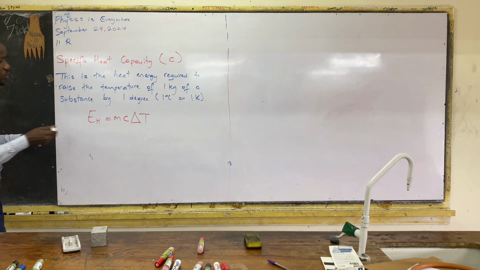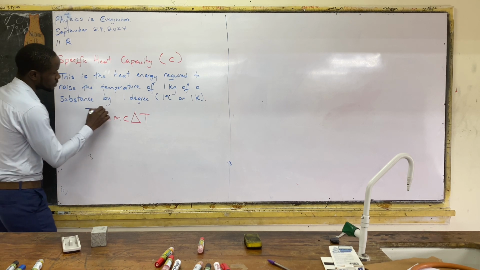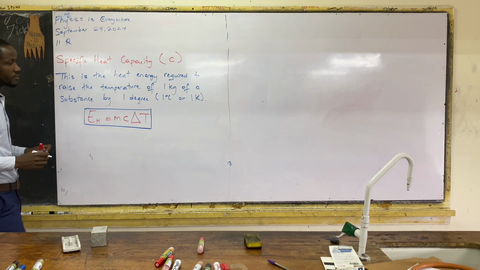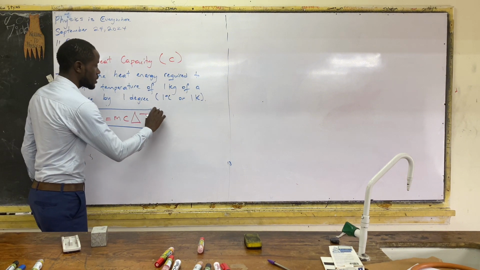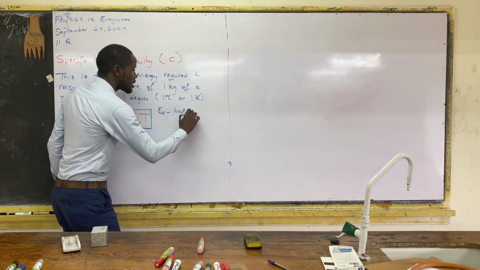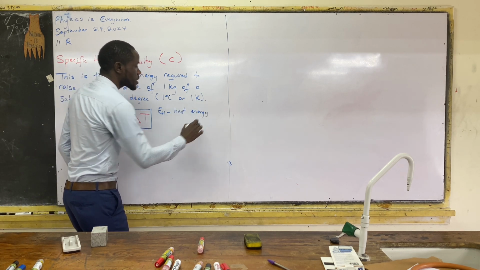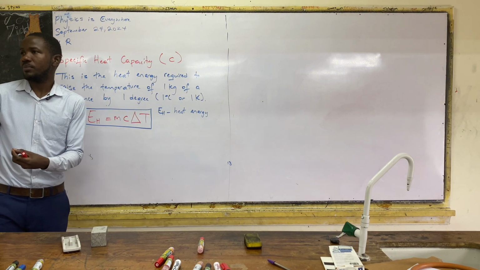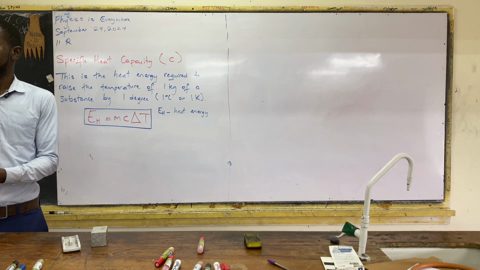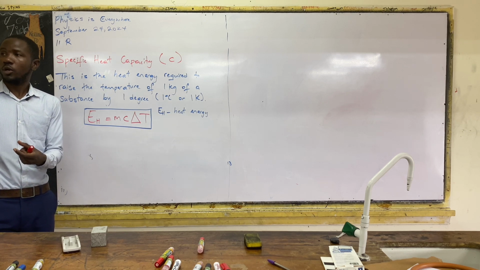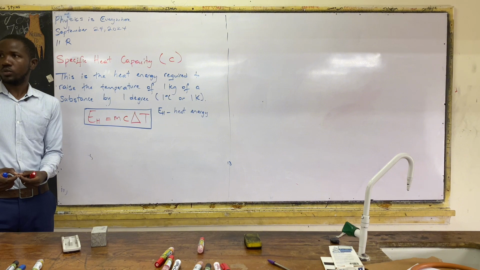Now, we're going to talk about the terms and their respective units. E_H is the heat energy. For most cases, we'll talk about heat energy that we supply, but we could also be removing heat energy, because if we remove heat energy, it's going to cause a change in temperature, but it's going to cause it to reduce.